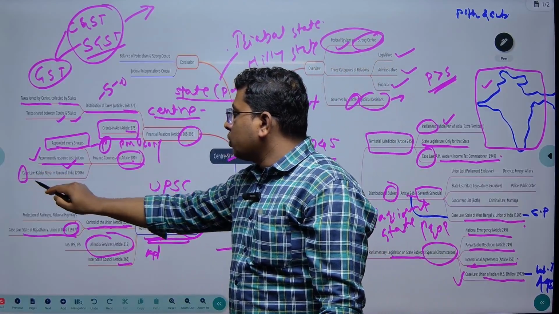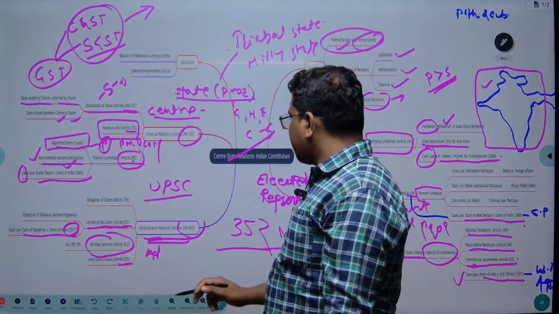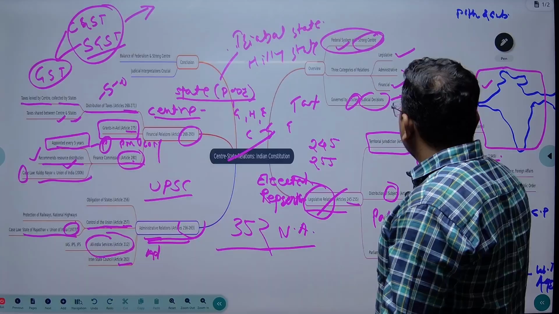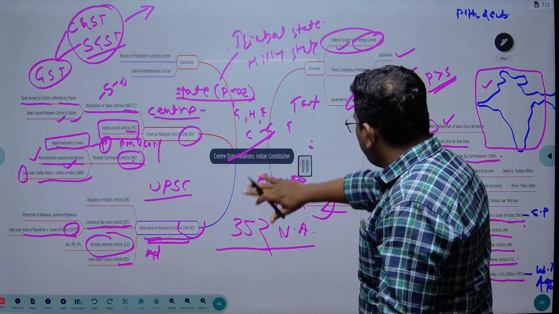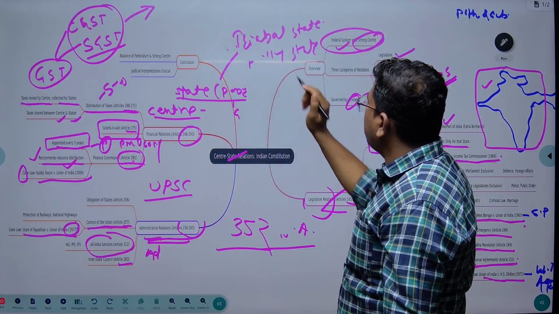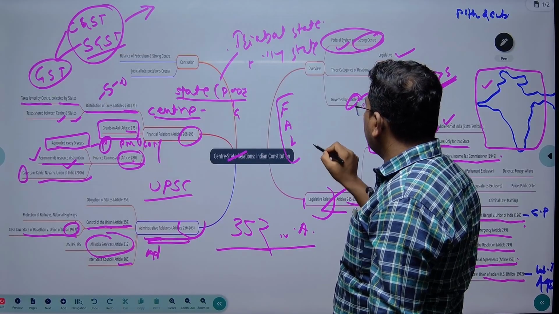Here is the case law: Kuldeep Nayar versus Union of India, 2006, right? So these are the three relations: financial, administrative, and legislative relation between center and state. Financial, administrative, and legislative, right?